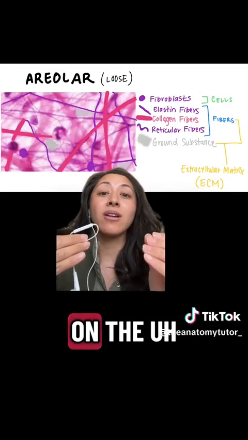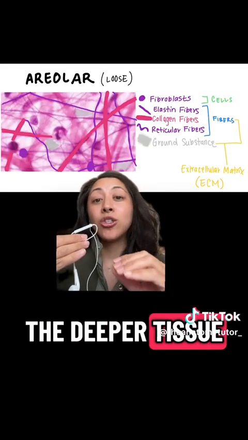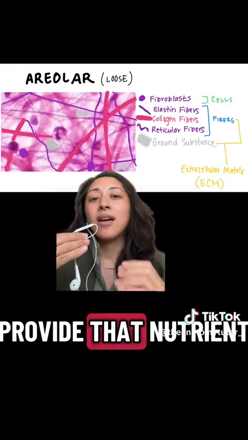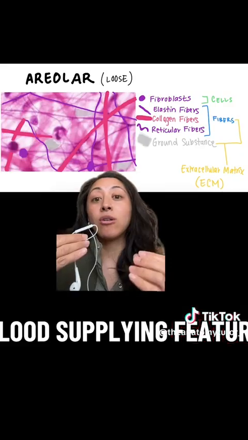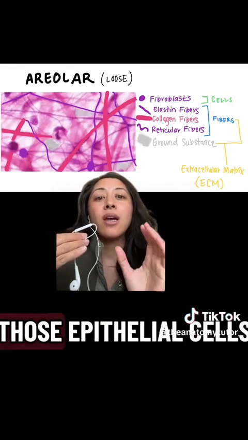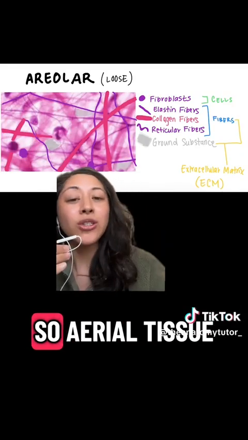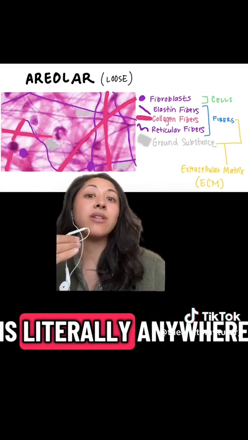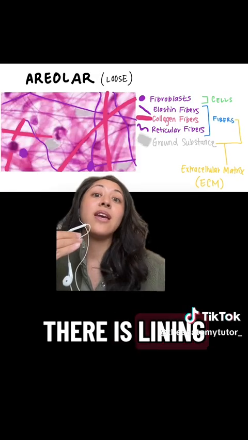So it relies on the deeper connective tissue to provide that nutrient blood supply and oxygen to make sure those epithelial cells stay alive. So areolar tissue is literally anywhere there is lining and then some.